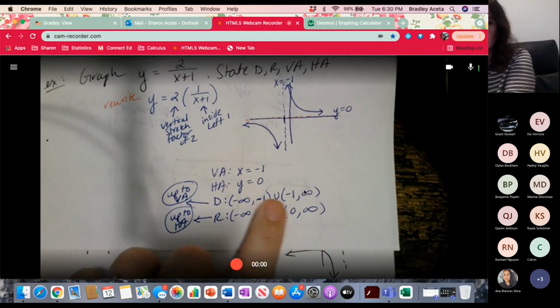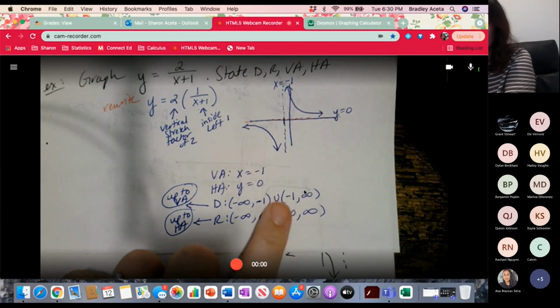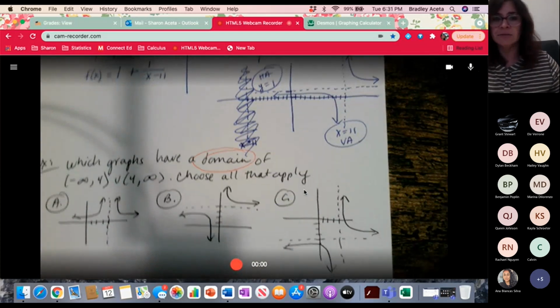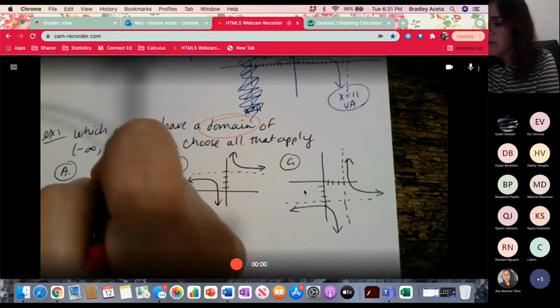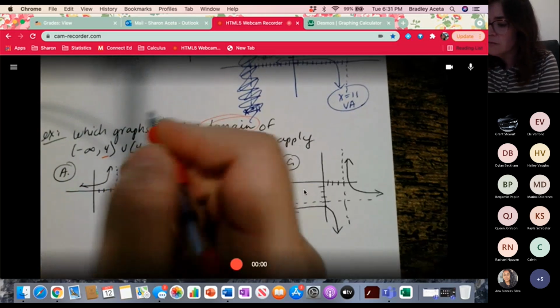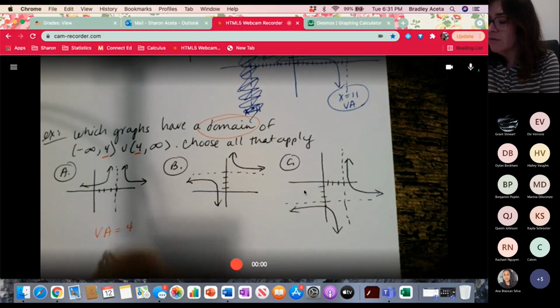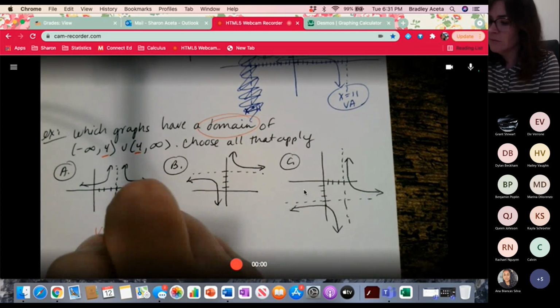So that number right there is your vertical asymptote. It's that vertical line. So I'm really looking for a vertical asymptote at x equals 4.